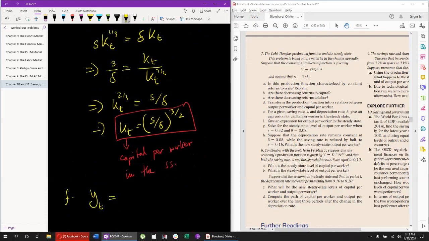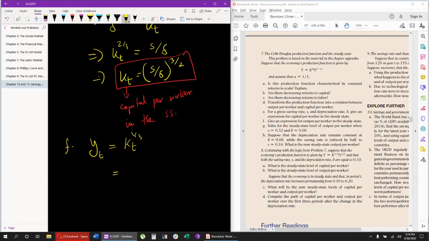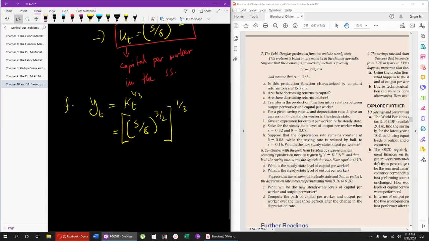So y_t is equal to k_t to the power 1/3. Now we know what is k_t, right? k_t is (s by delta) to the power 3/2. This is k_t to the power 1/3. So if we simplify, what we get is y_t is equal to (savings divided by depreciation rate) to the power half.